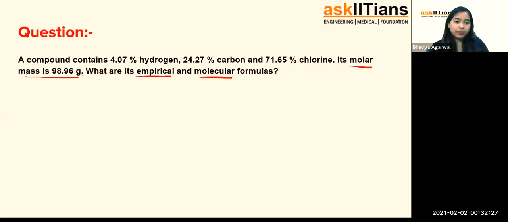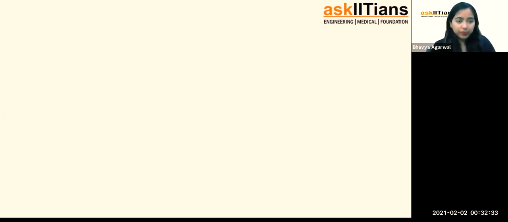So you know the case. The case is very simple. There is a particular strategy which we need to work with. Now, what is the strategy? The first thing, we write all the elements which are present in the compound. Then we write their percentages in grams, because whatever is the percentage, the first step is to convert the percentage into grams.